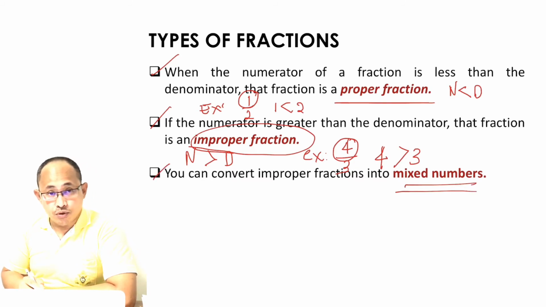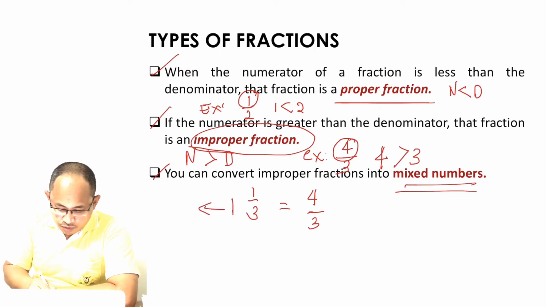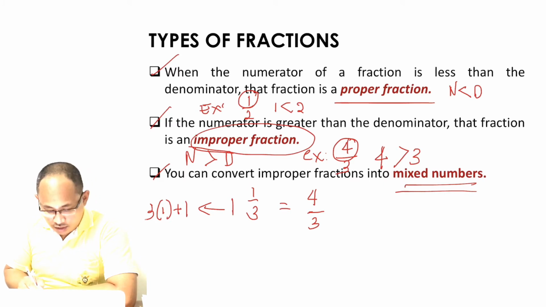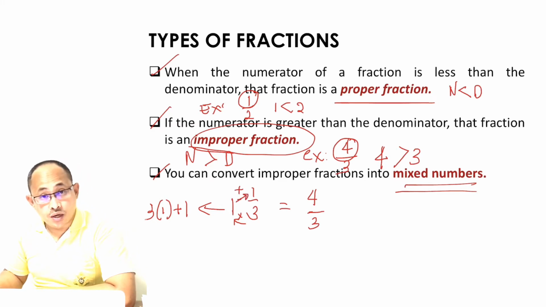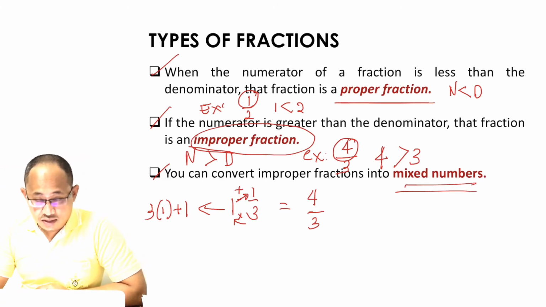A mixed number is composed of a whole number and a fractional number. For example, 1 and 1/3 is equal to 4/3, because 3 times 1 plus 1 gives 4. That's how we change it to a mixed number.